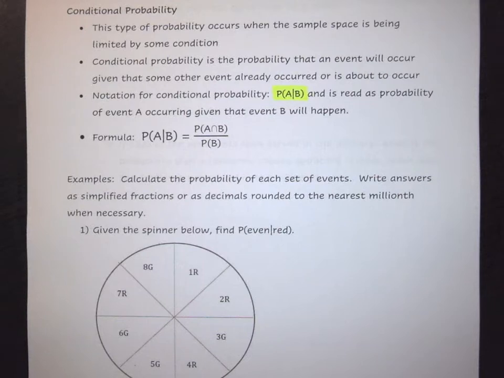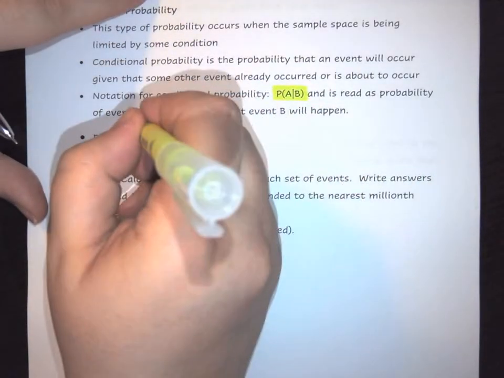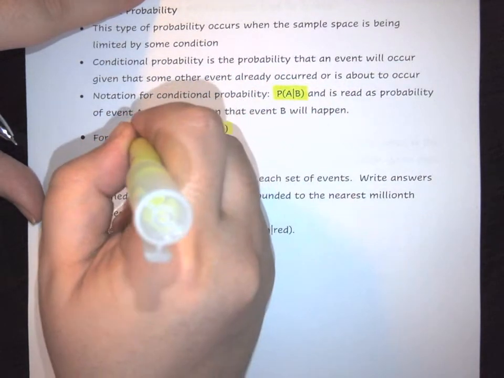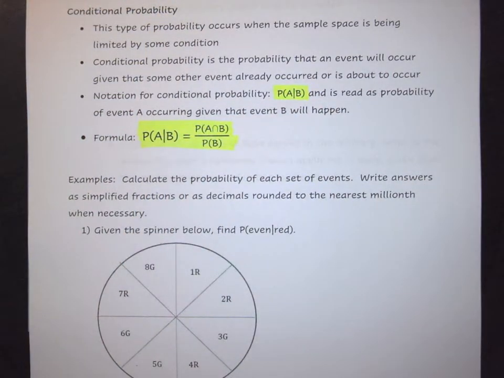probability B occurs. Okay? So we have a formula that we use, and this is our mathematical formula that we like to reference here, which says that the conditional probability is found by taking the probability that both events occur over the probability of the second event.